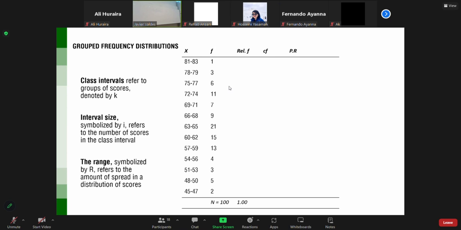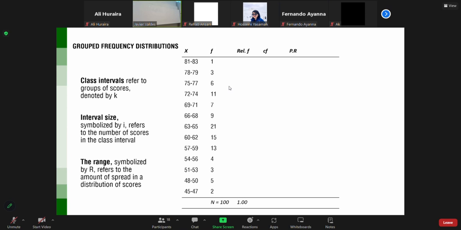The interval size will be symbolized by i, and refers to the number of scores in the class interval. In this case, we have 3, right? So for 45 to 47, we have 45, 46, 47. And the next class interval is going to be 48 to 50, which has an interval size of 3.